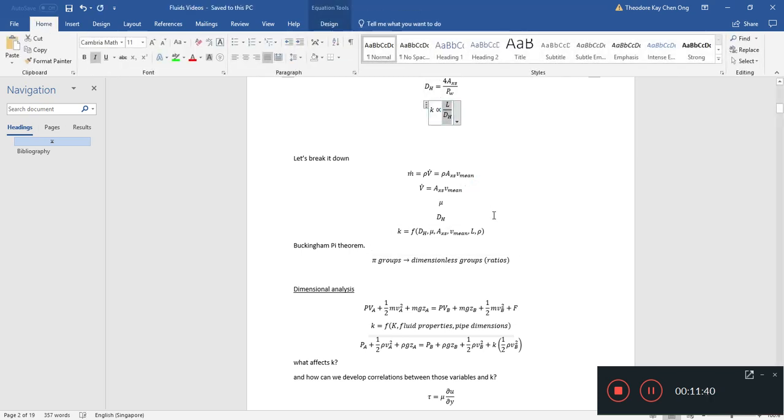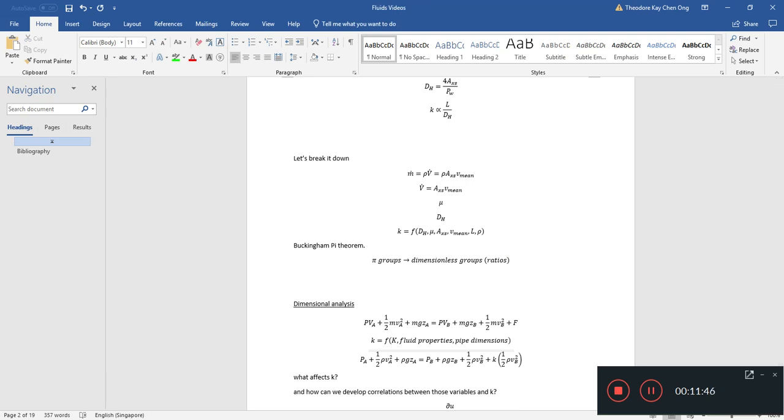Remember this L by D ratio? Yeah, this is one of the dimensionless ratios that's important for fluid mechanics. So what dimensionless groups can we find, and how are we going to determine, help us to churn out some of these dimensionless ratios? Well, let's see.